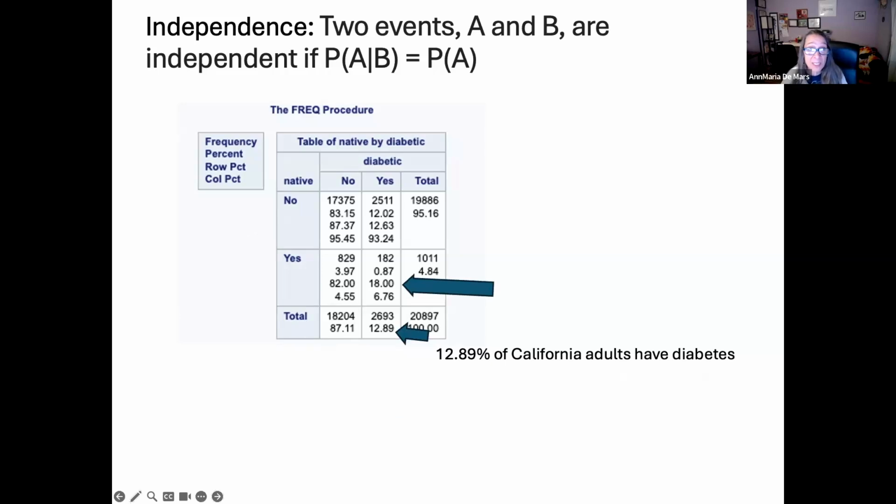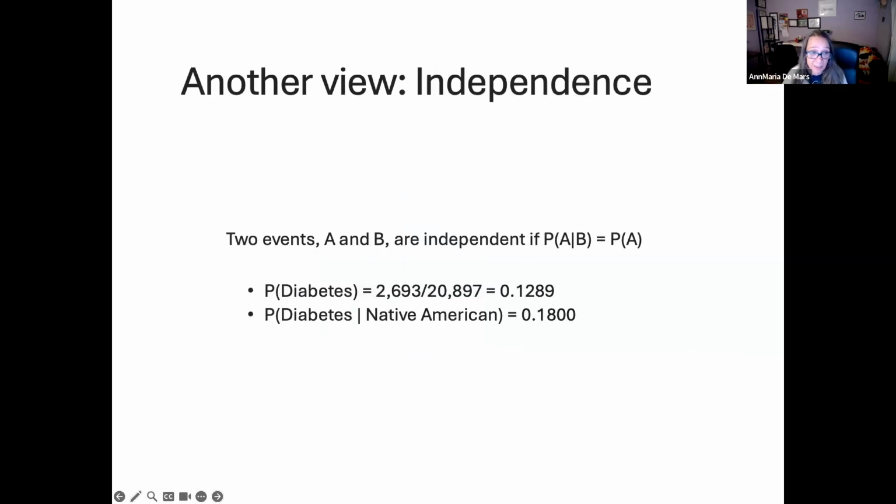Out of those who answered yes to the question, are you Native American, 18% have diabetes. So another way to look at this is the probability of diabetes equals 0.1289. The probability of diabetes given that someone is Native American is 0.18. So those two are not independent because those two probabilities are not equal.